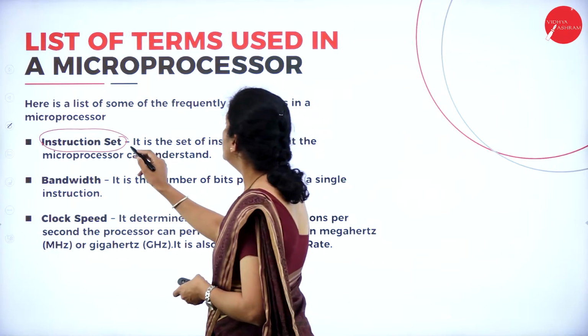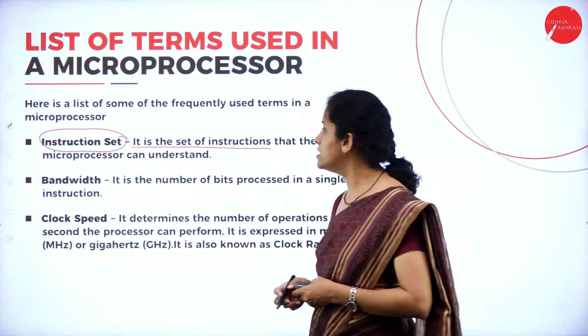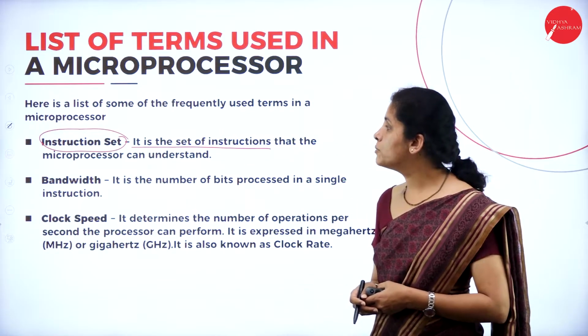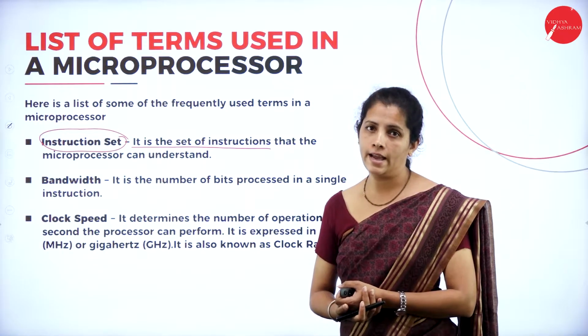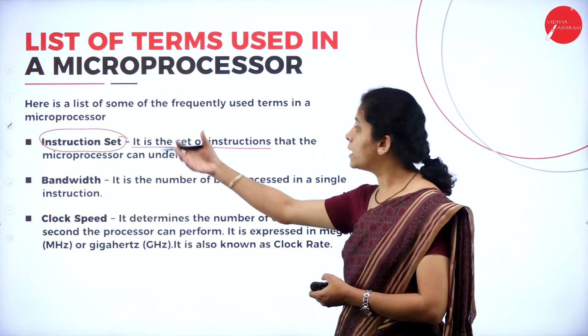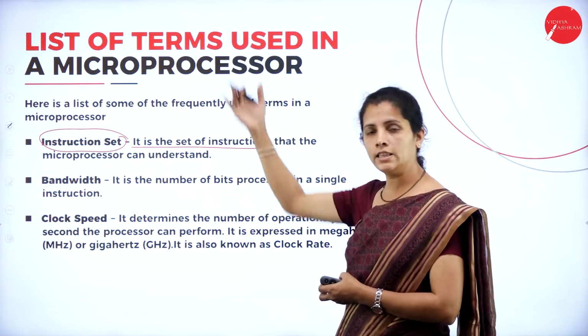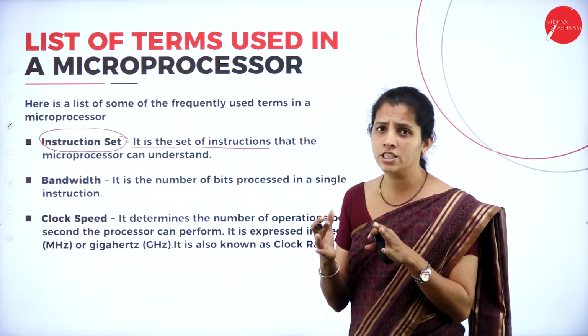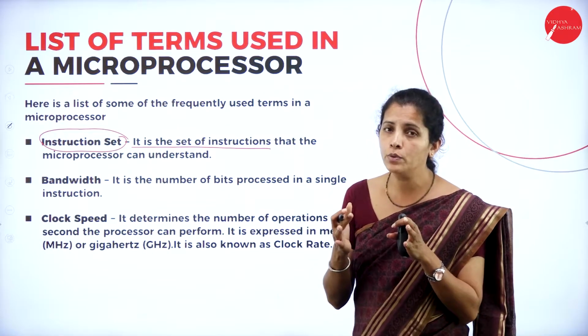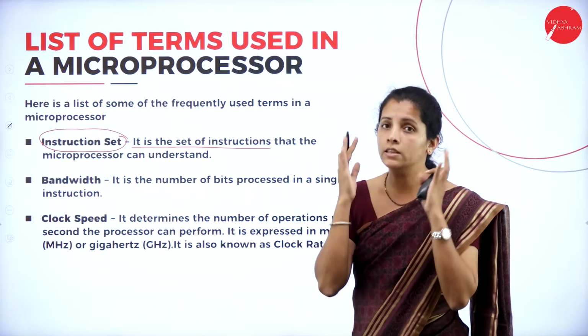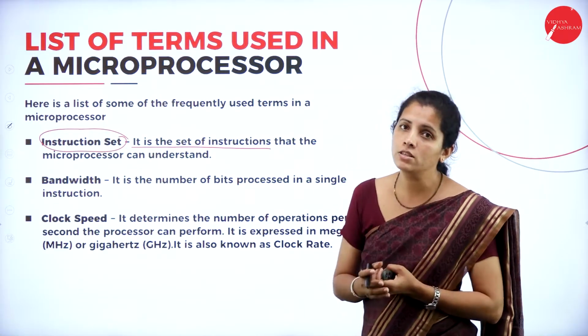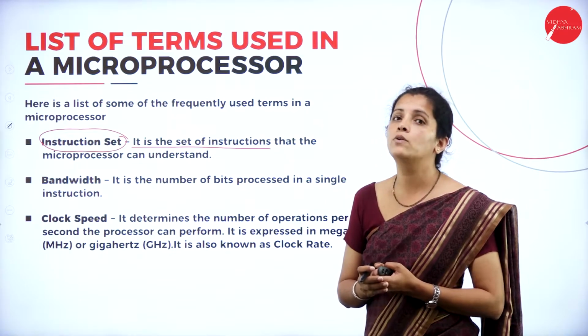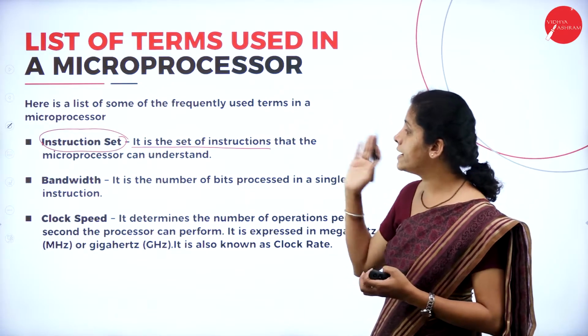So, it is the set of instructions that the microprocessor can understand. So, here, what is instruction set? That is nothing but the set of instructions that's given to the computer or processor. That means the microprocessors are able to understand only the instruction set.